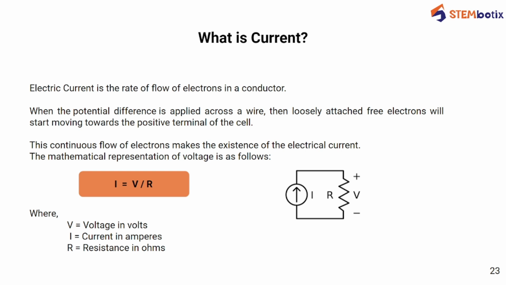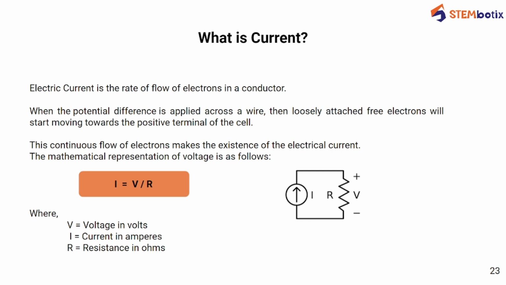When a potential difference is applied across a wire, loosely attached free electrons start moving towards the positive terminal of the cell. Because of their motion you have current in your circuit. This continuous flow of electrons makes the existence of the electric current.